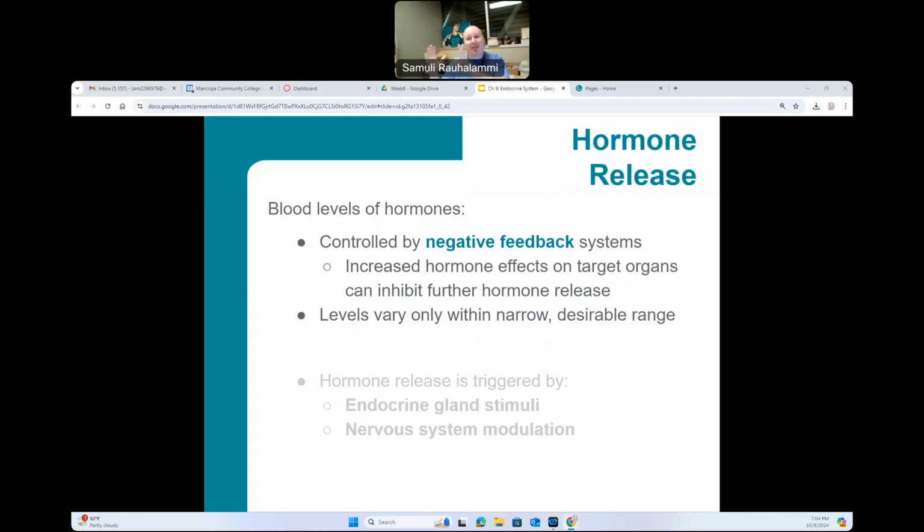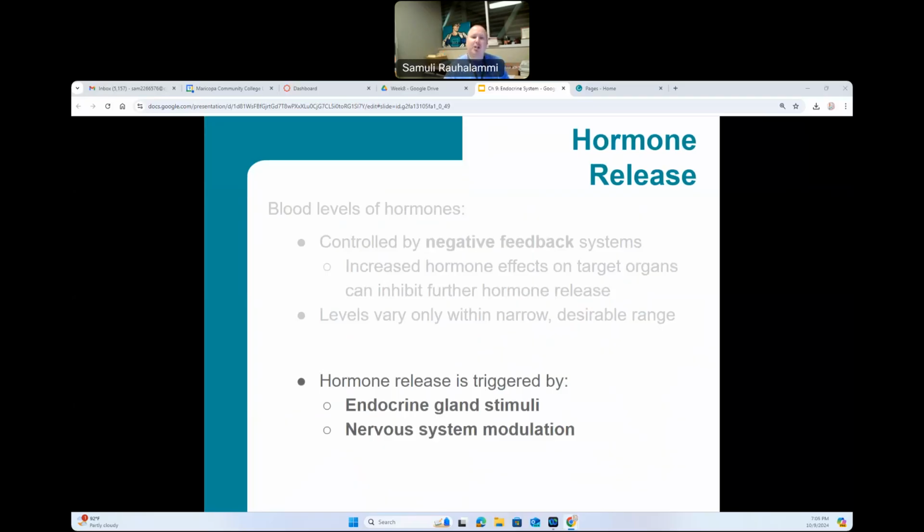So we want to do this exact same thing for the hormones as well. We want to ensure that those hormone values are kept within an acceptable range of values. And that's where we use negative feedback to bring the hormone levels to that range if we deviate away from it.